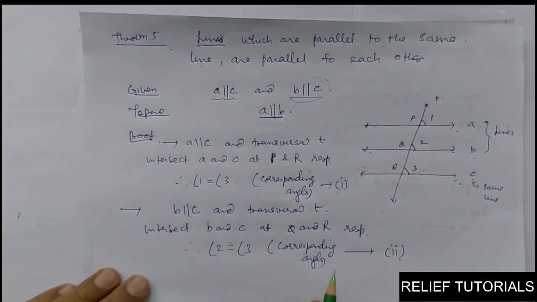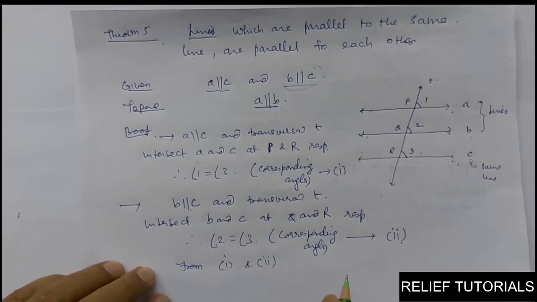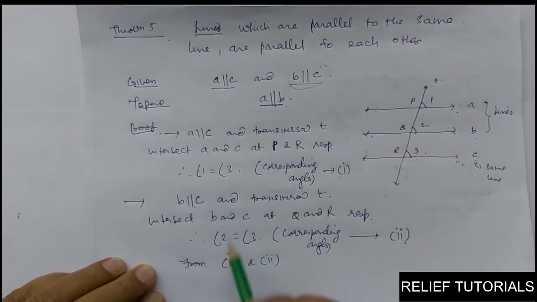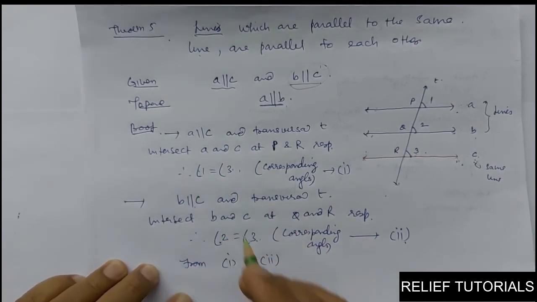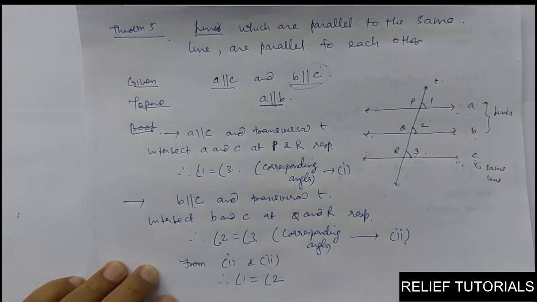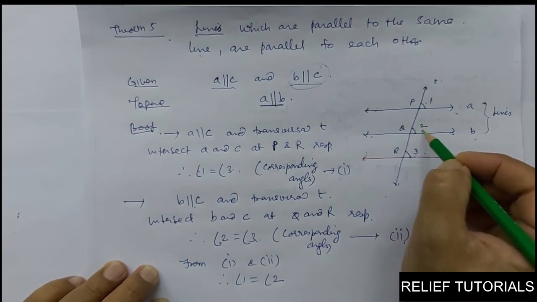Now 1 is equal to 3 and 2 is equal to 3. So from 1 and 2, what can you say now? 1 equals 3, 2 equals 3, so I can say angle 1 is equal to angle 2. But angle 1 and angle 2 are corresponding angles and they are equal.